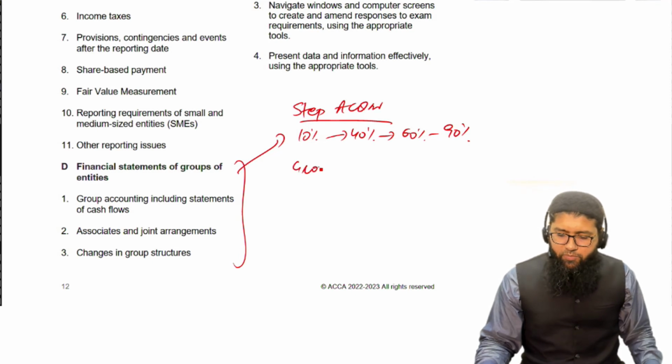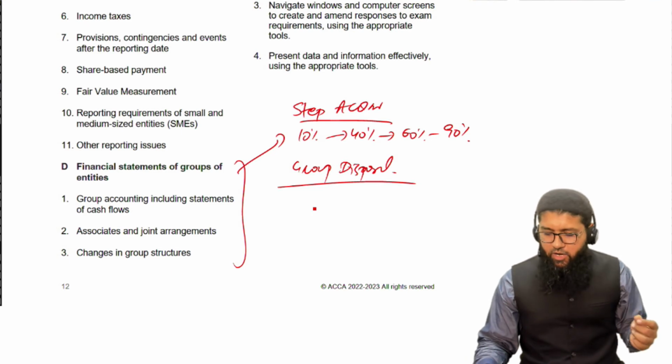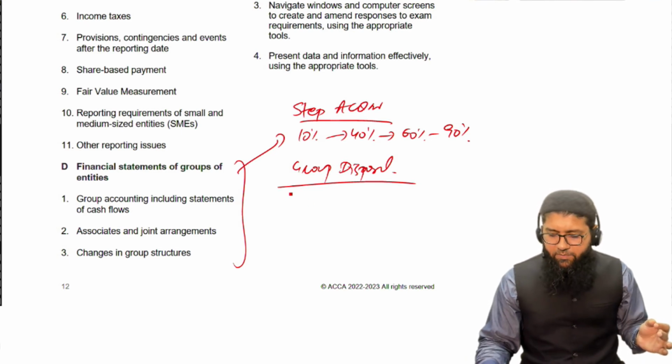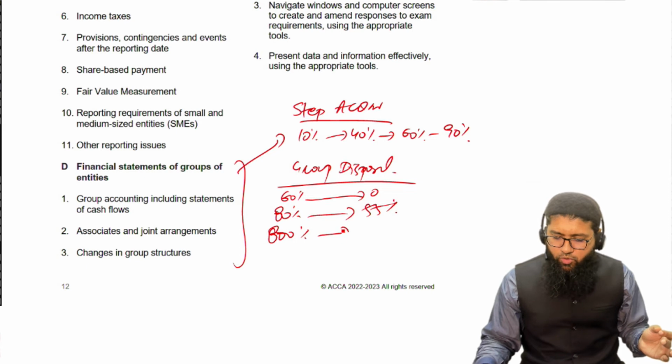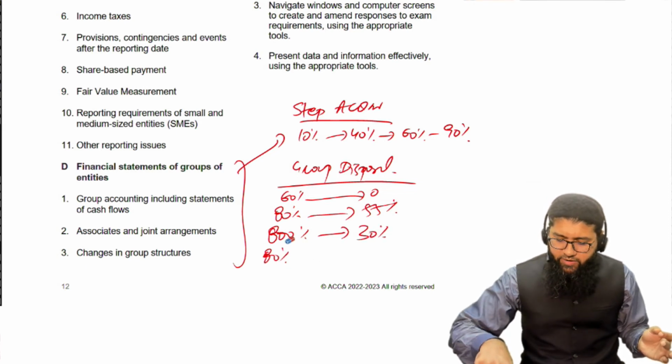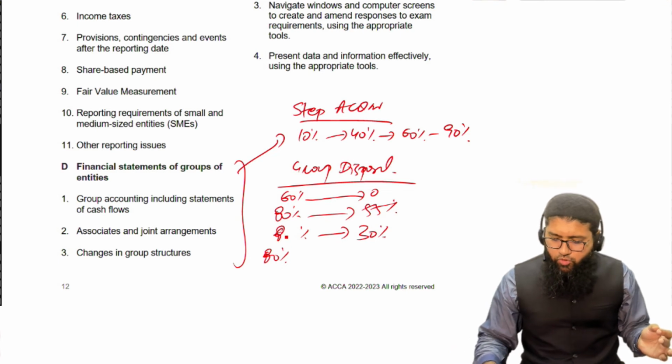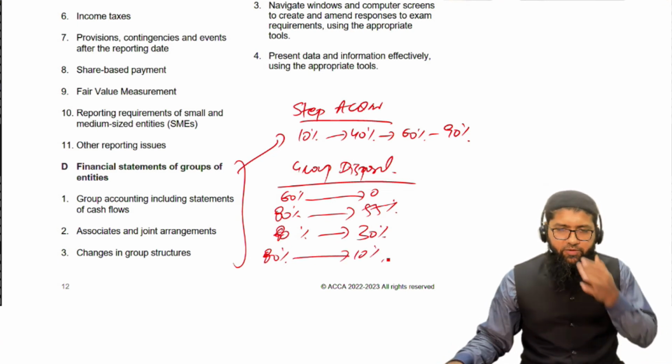We talk about the group disposals, the different types of group disposals. You had a 60% shareholding, you turn it into zero. You had an 80% shareholding, you reduce it to 55%. You had an 80% shareholding, you reduce it to 30%. You had an 80% shareholding, you reduce it to 10%, etc.